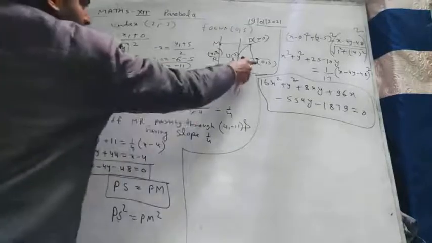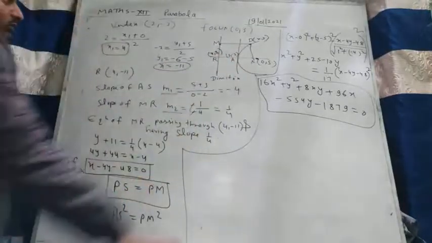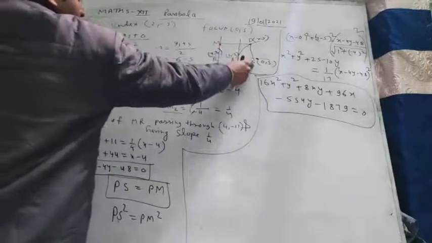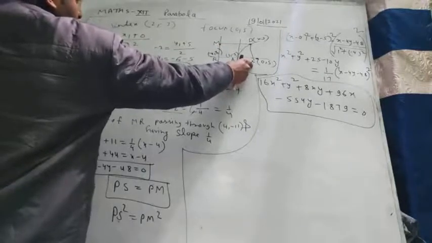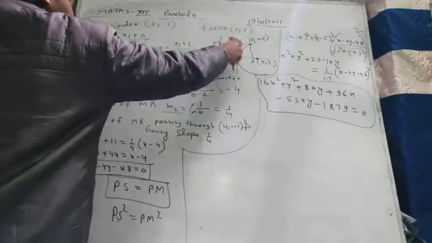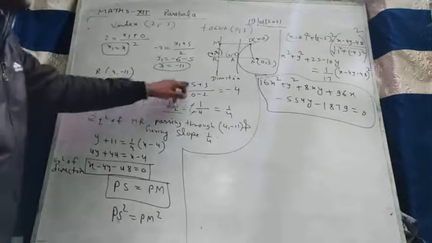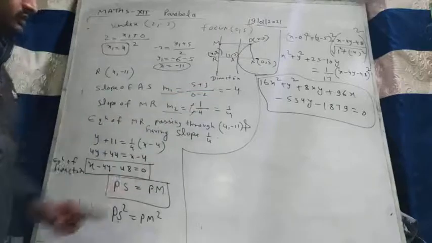Now our target is to find the equation of this directrix. For that, first of all we have to find the slope of this line and then the slope of the perpendicular line. So the slope of AS is y2 minus y1 upon x2 minus x1, which is minus 4.